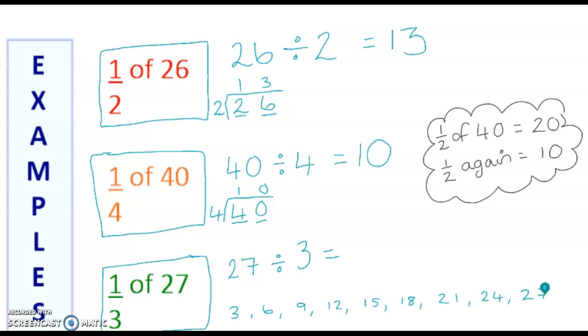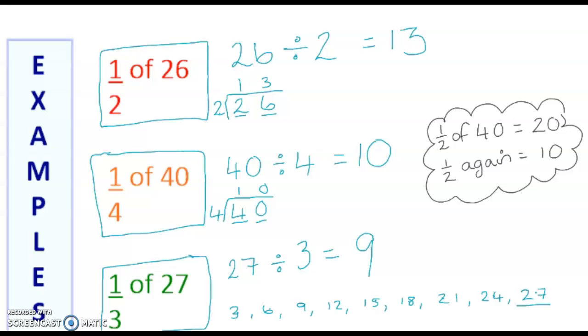Oh, that's the one I want. 1, 2, 3, 4, 5, 6, 7, 8, 9. So the answer is 9. You might find your times tables grid in your planner helpful for this task.